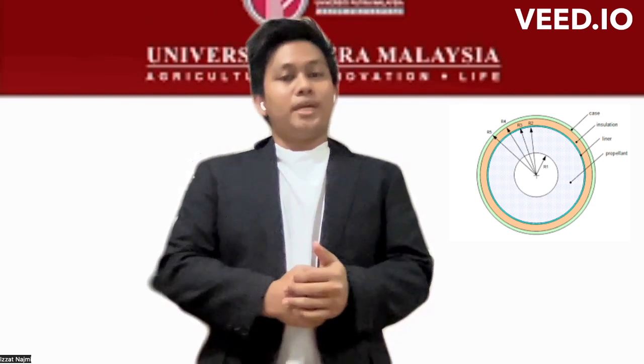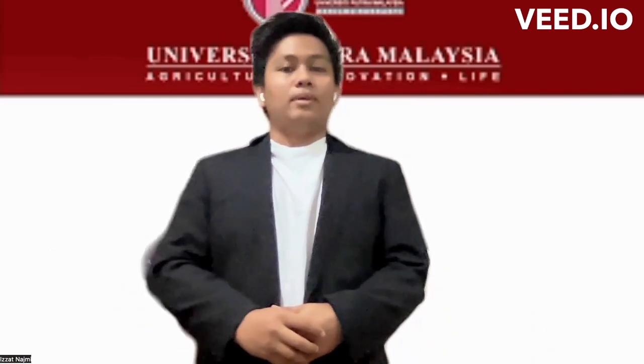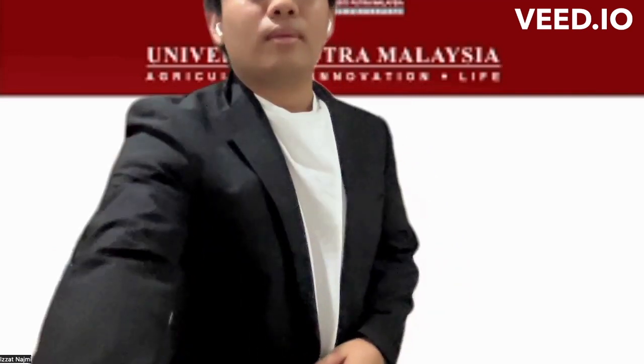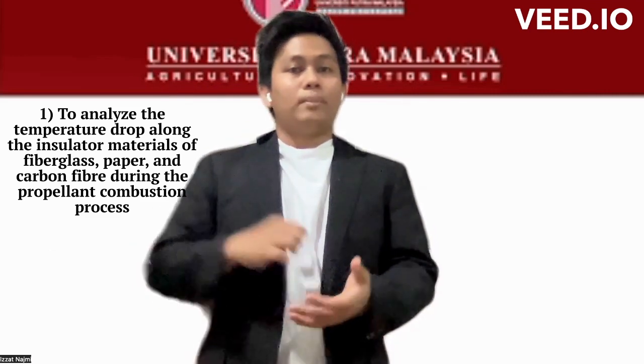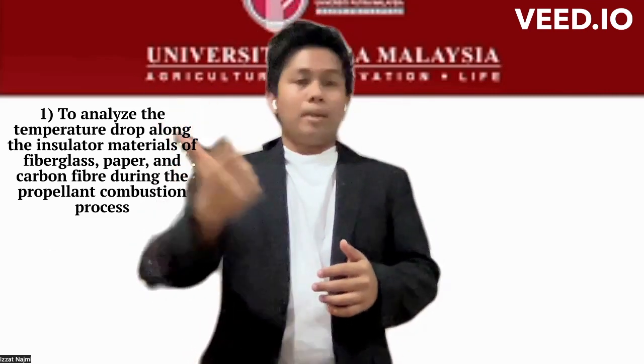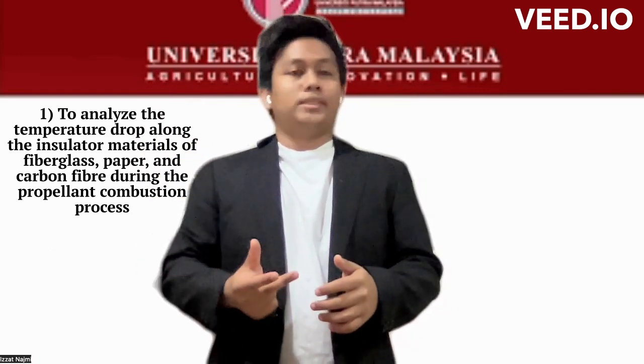In this video, I will be sharing my study on simulating the heat transfer performance of ablative insulators of a composite solid rocket motor using Abaqus software. My first objective is to analyze the temperature drop along the insulator materials of fiberglass, paper, and carbon fiber during the propellant combustion process.